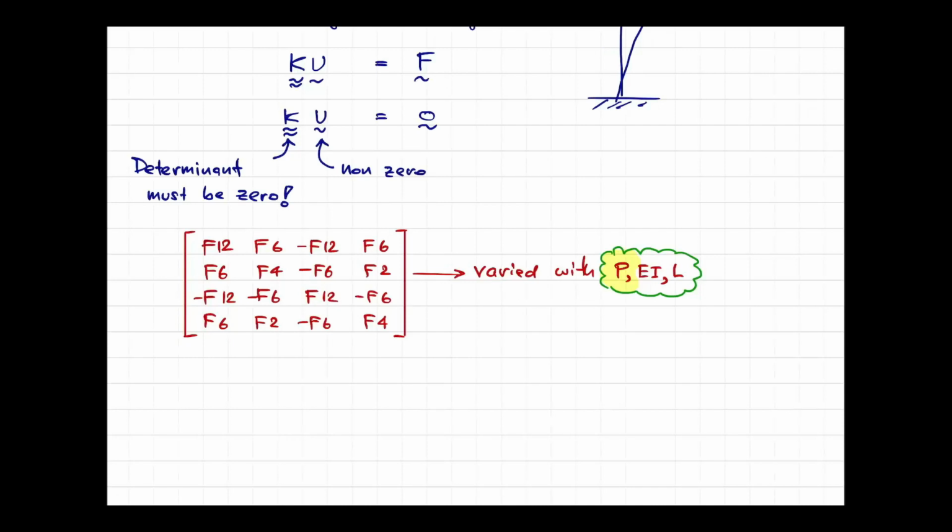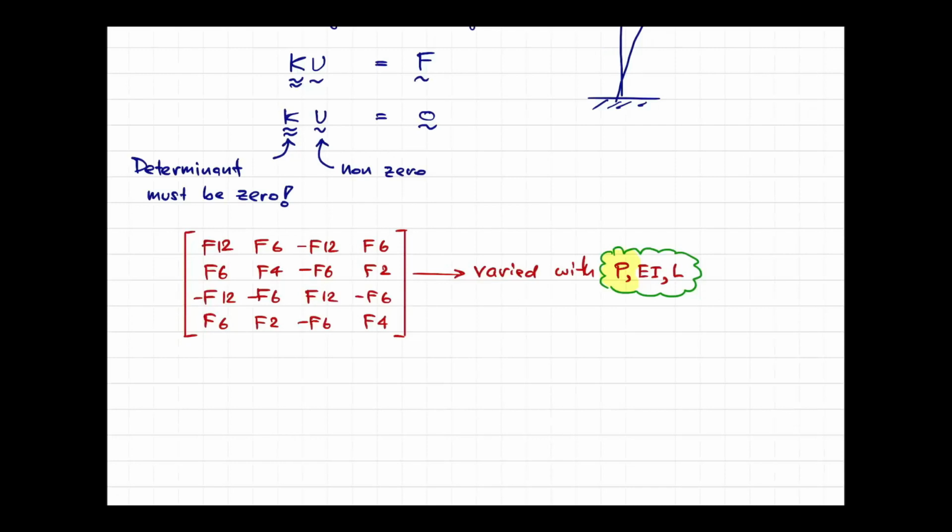So you end up with infinite roots. For a system like this, if we assemble everything into the stiffness matrix, that depends on the number of degrees of freedom. So you'll be able to find eigenvalues, which is going to be as many as the number of degrees of freedom you have.